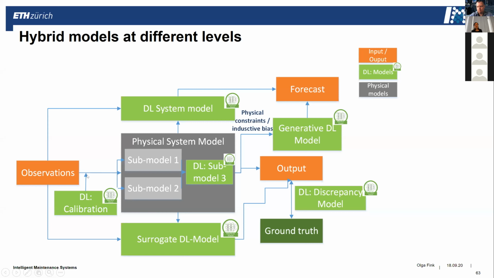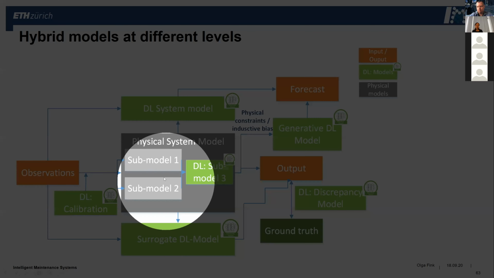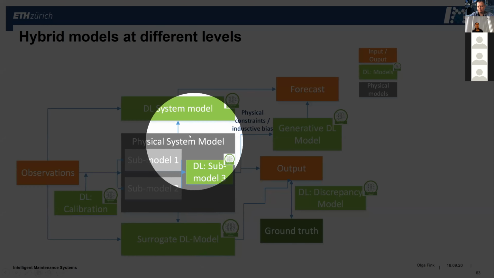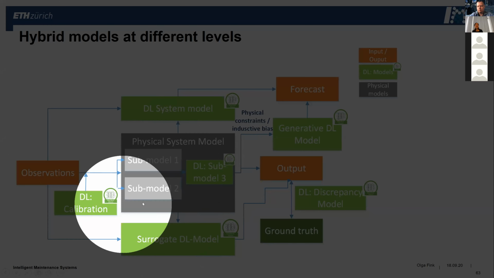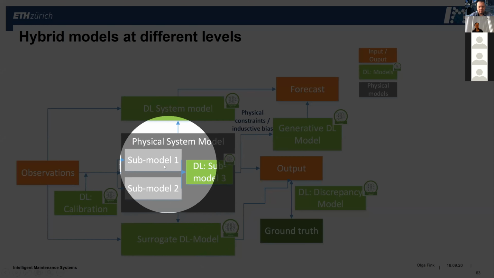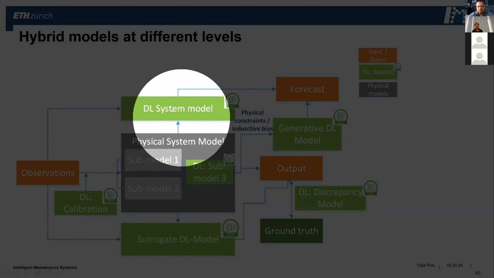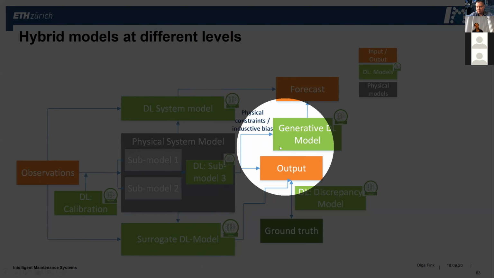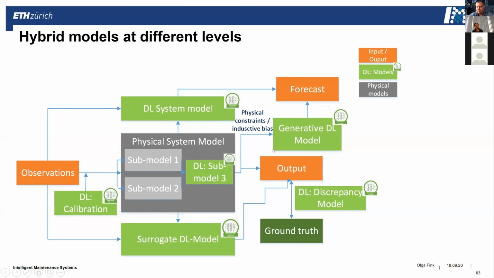We can go in the direction of generative deep learning models, but still add physics through constraints or inductive bias. We can also use deep learning models to cover parts that our physical models are not covering, for example, by adding discrepancy terms if the physical models are not completely covering.